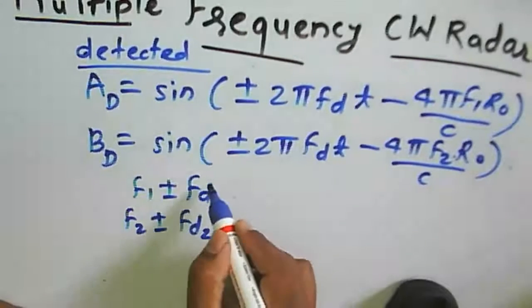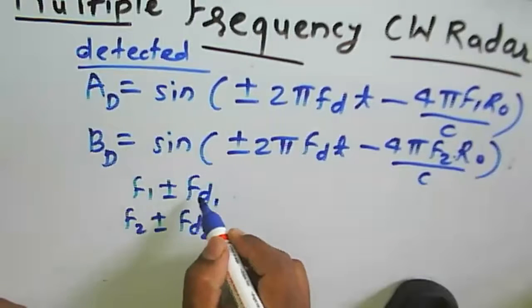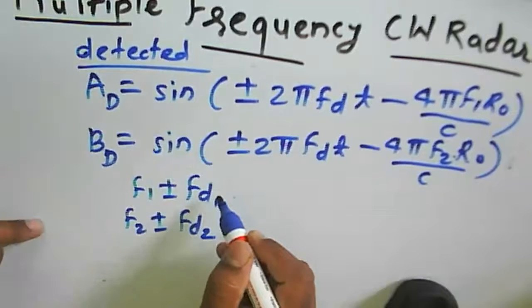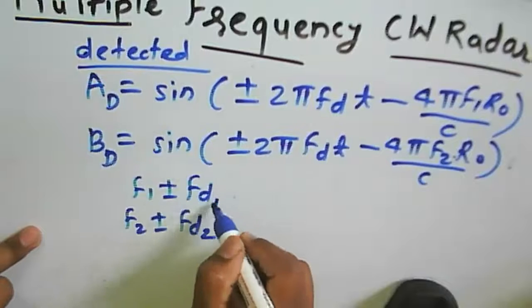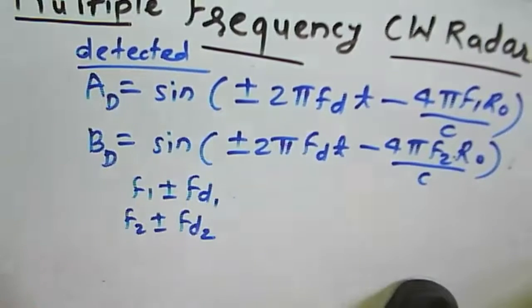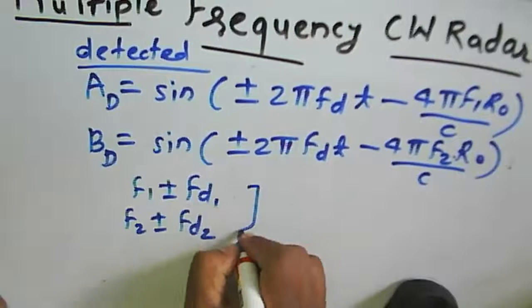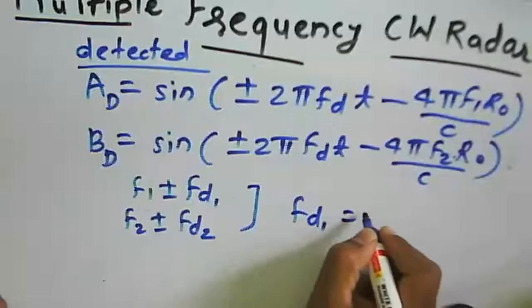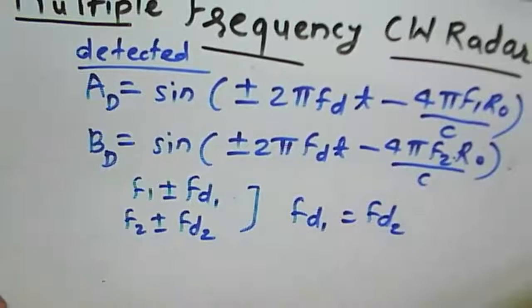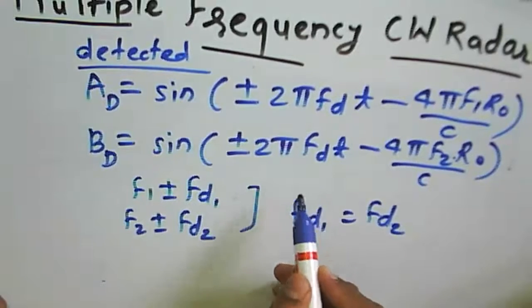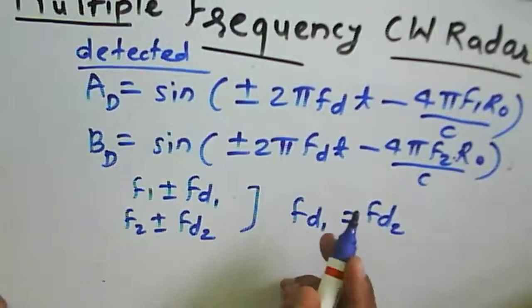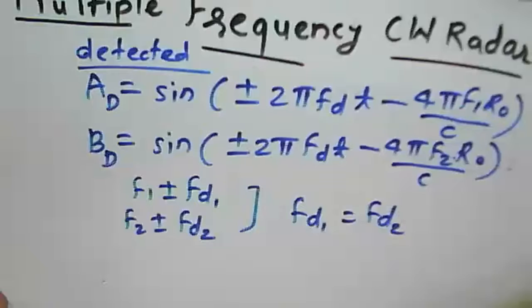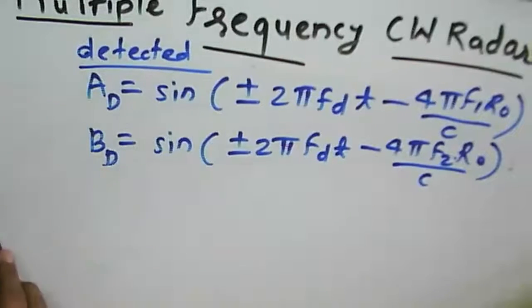But the target and everything is fixed from the radar, so whatever shift occurs for a given particular frequency will be the same. So that's why FD1 is equal to FD2, and instead of FD1 and FD2, we write FD. So this way we will get FD.